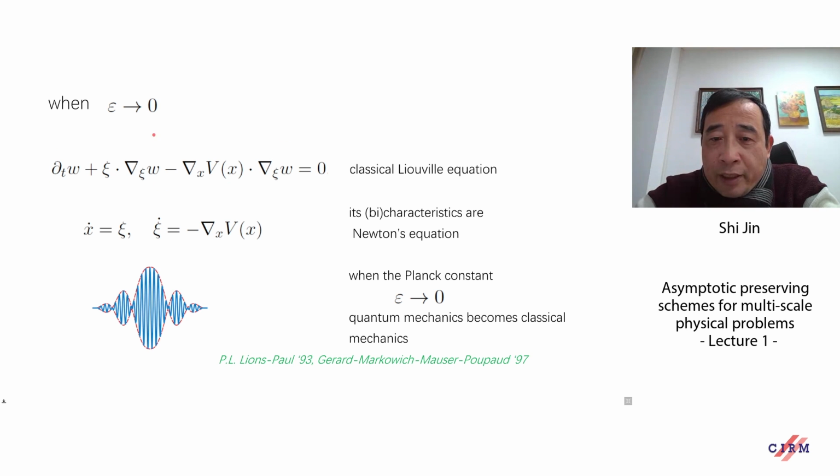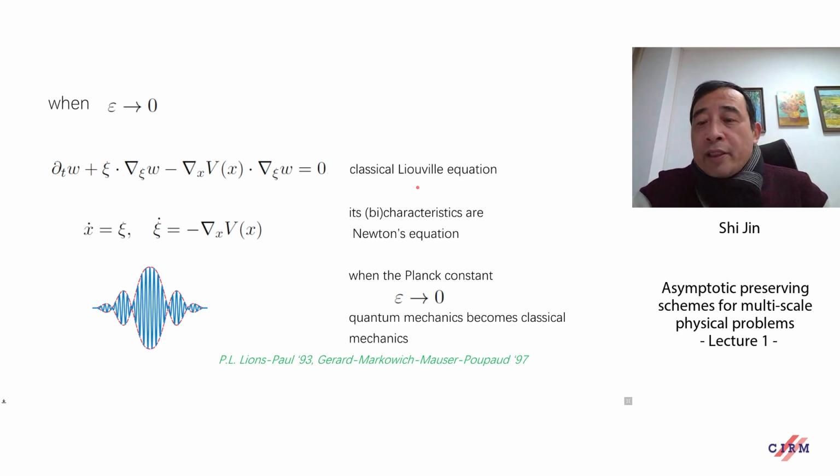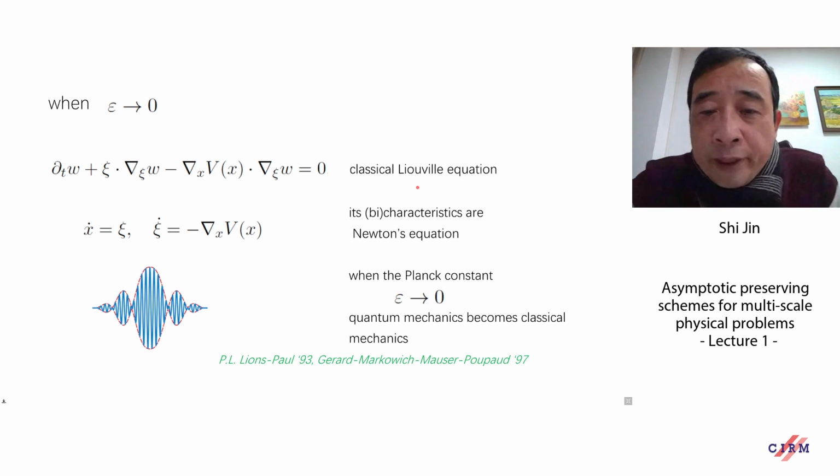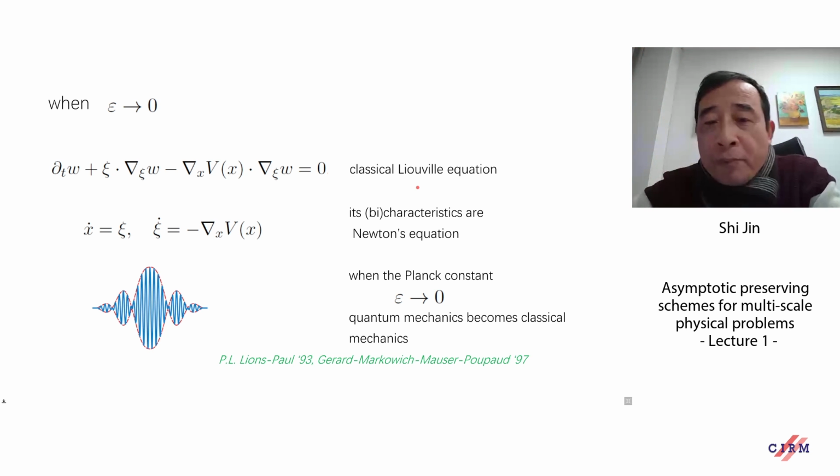So here is a simple transport operator, and on the right-hand side, the term coming from the potential becomes this. This is actually the classical Liouville equation, the equation for the probability density function of a classical particle.